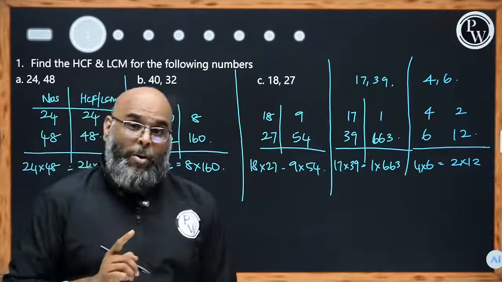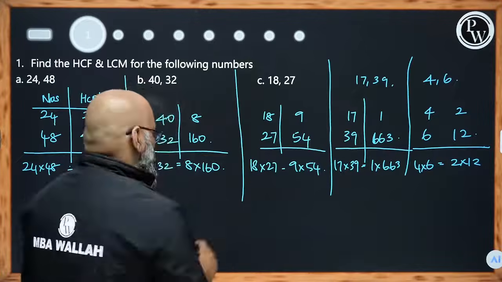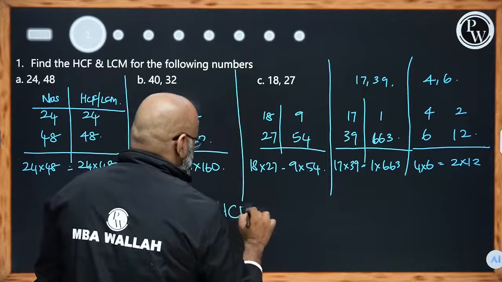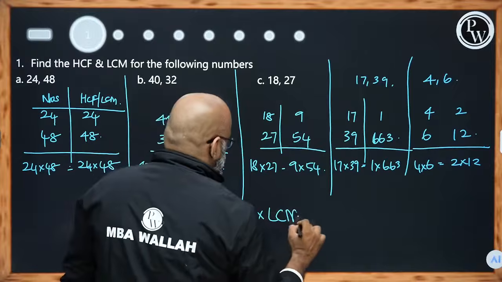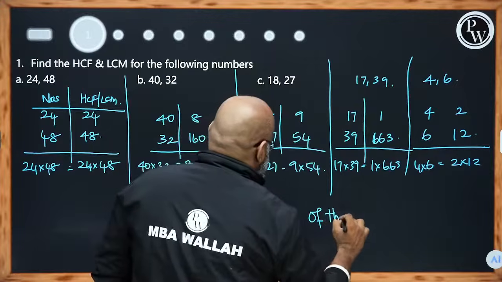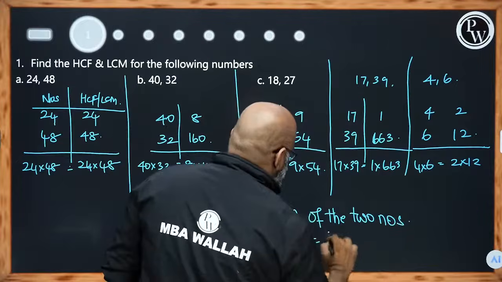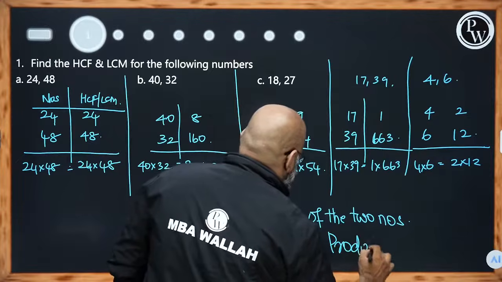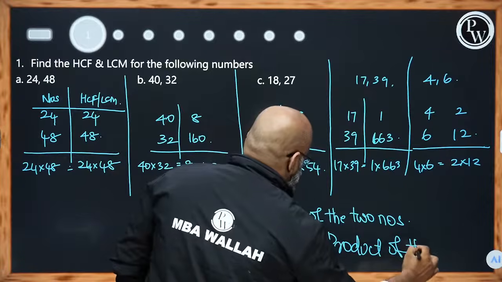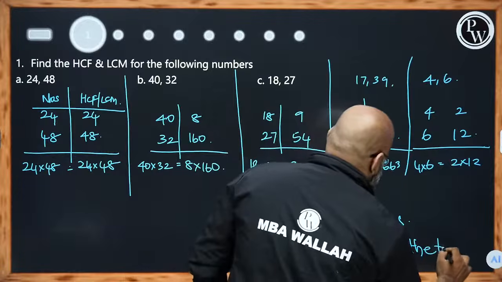From here, we infer the fact that HCF into LCM of the two numbers is equal to product of the two numbers.